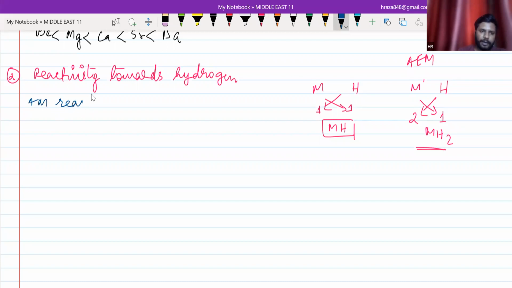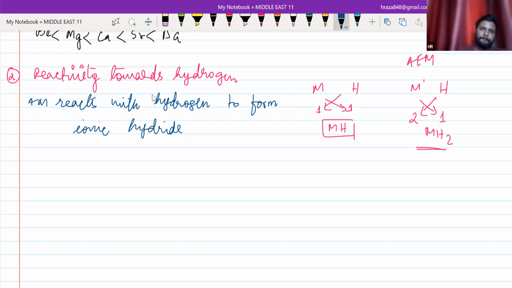Alkali metal reacts with hydrogen to form ionic hydride. Metal and hydrogen will be found in H2 form, so it will be 2MH.